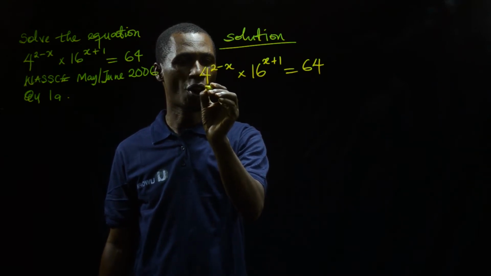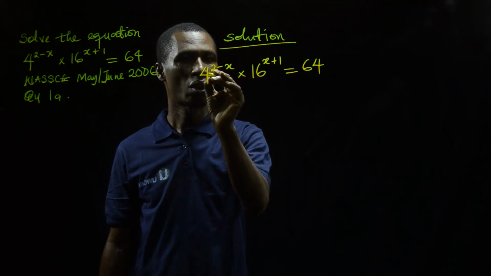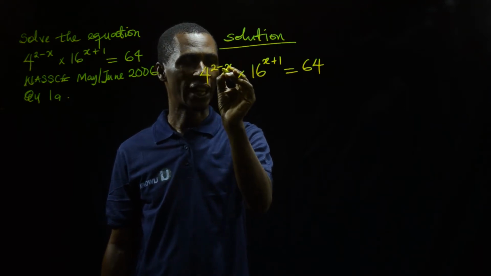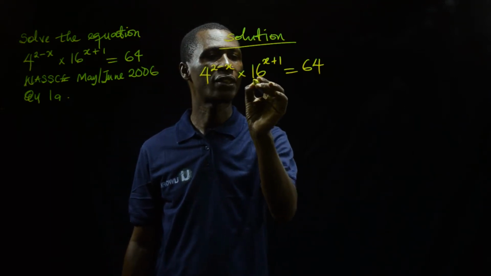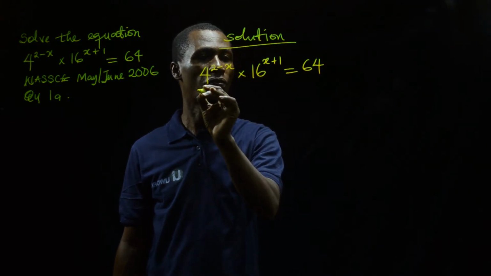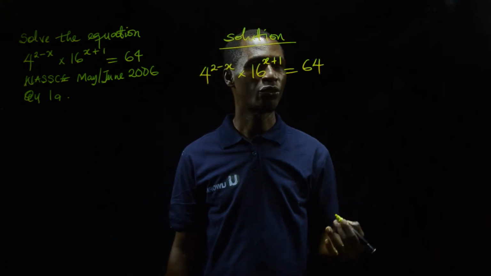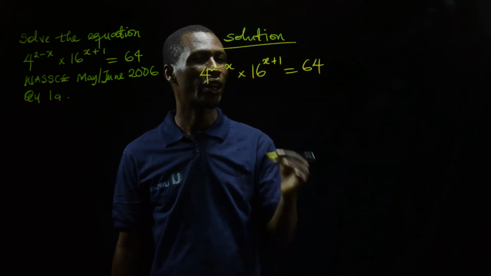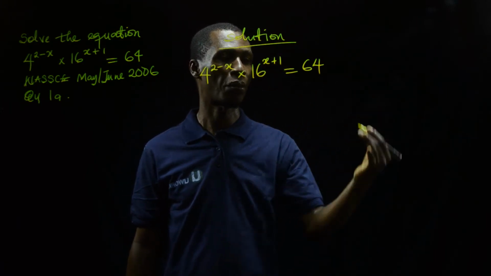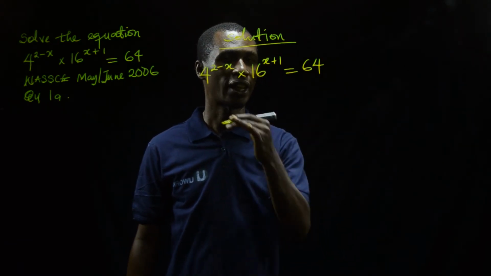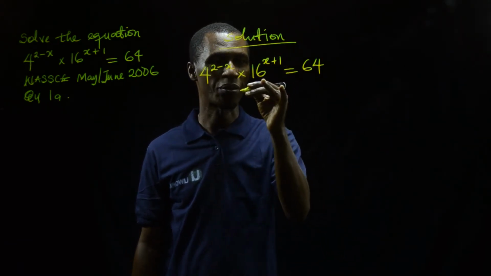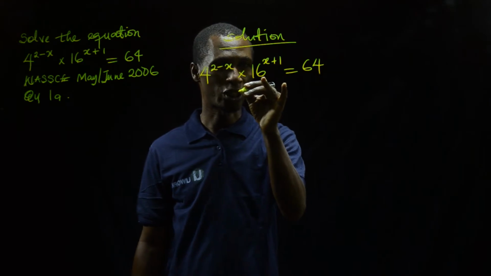So if I've got 4 as a base to 2 minus x, then I must also express 16 and 64 with a base of 4. From the previous lesson, I explained that 4 to what will give me 16? I know 4 times 4 is going to give me 16.